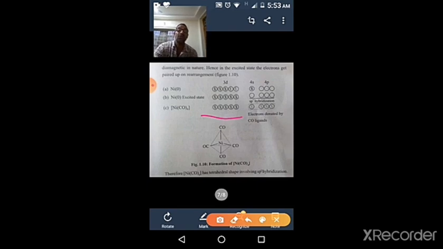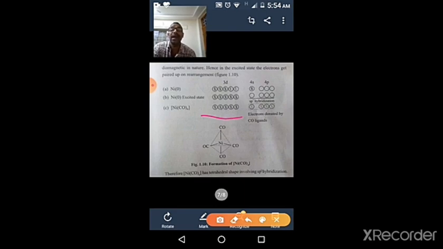So far, what we have discussed in this class is the different postulates of valence bond theory. Once again, I repeat, as per valence bond theory, every metal atom has to provide the required number of vacant orbitals. These orbitals undergo hybridization. Two types of hybridization, that means two types of complexes: inner orbital complexes and outer orbital complexes.